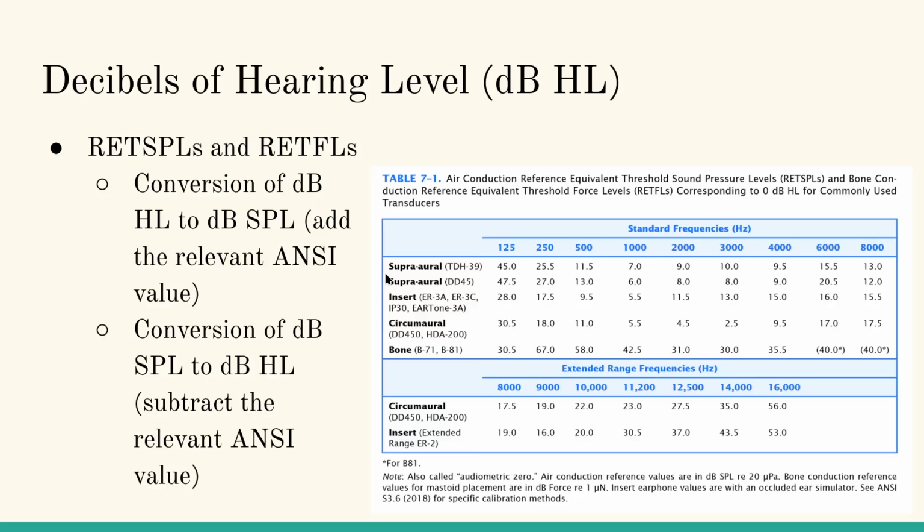So simple addition and subtraction. Yes, you can use logs to prove them, but you can simply add and subtract these values in order to go from dB HL to dB SPL, just simple math.